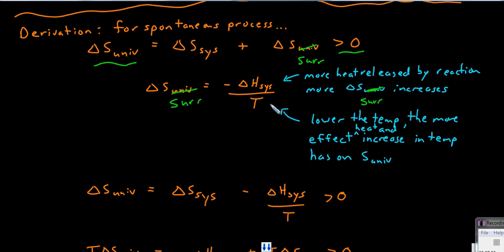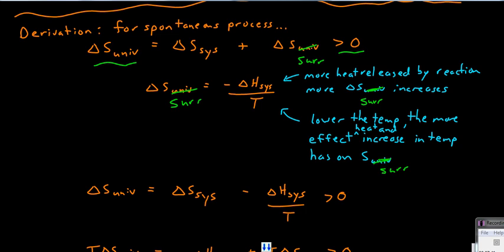But this is also saying that dividing by temperature, having a lower temperature, you'll have a greater effect on the entropy of the surroundings by a certain amount of heat being released by the system. The lower the temperature, the more effect that heat will have, and it will increase the temperature of the surroundings and have greater effect on the entropy of those surroundings.